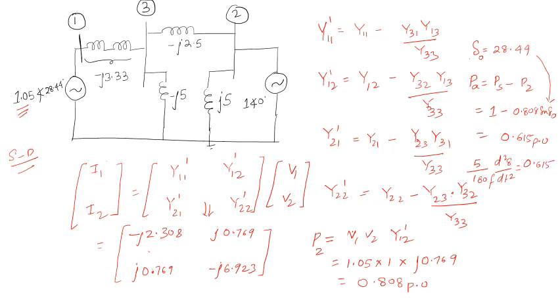So this is my accelerating power. If I want to find out the acceleration of the rotor, you can put 0.615 into 180 F upon 5.